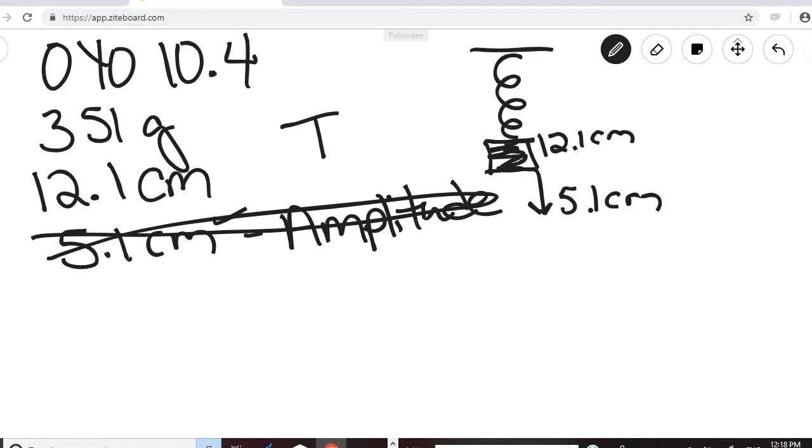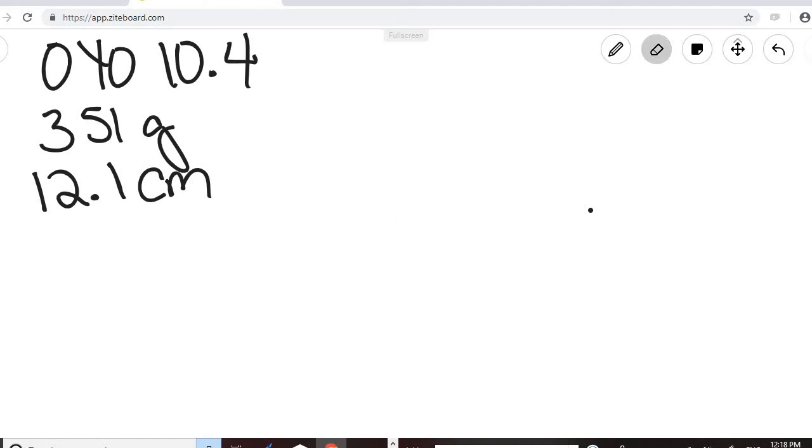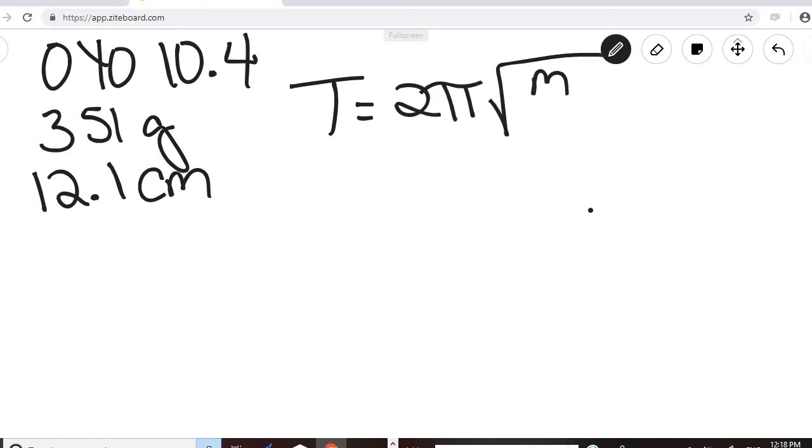But this equation does require us to figure out some other information, because we know that T is equal to 2 times pi times the square root of m over k. So we know m, but we don't know k.